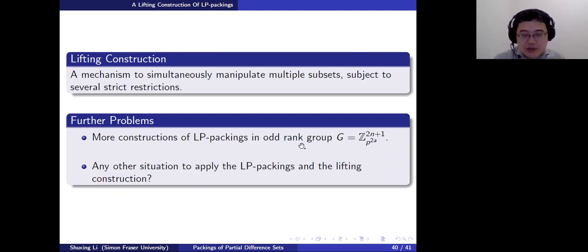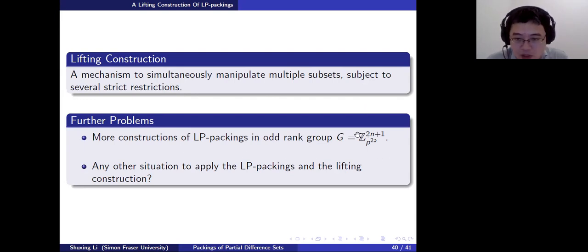And let me conclude by emphasizing that the lifting construction is a very powerful mechanism to simultaneously manipulate multiple subsets subject to strict restrictions. And here are some further research problems I believe are of significant interest.